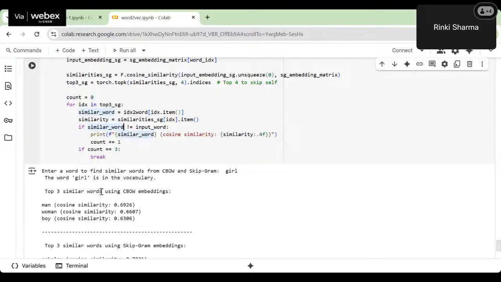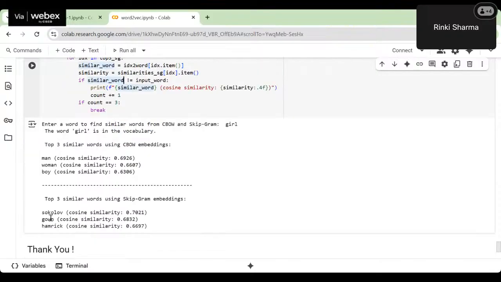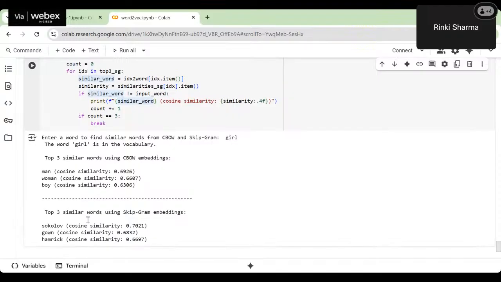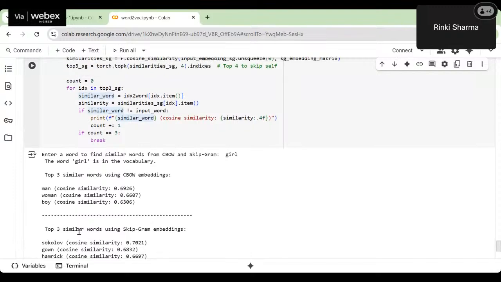Similarly, the top three words for skipgram are not relevant just because of the training of the model. If we train the model on a large corpus with fine-tuned hyperparameters and an increased number of epochs, we will definitely get better output. Our model will learn better embeddings for the words in the vocabulary. So this is the use case.